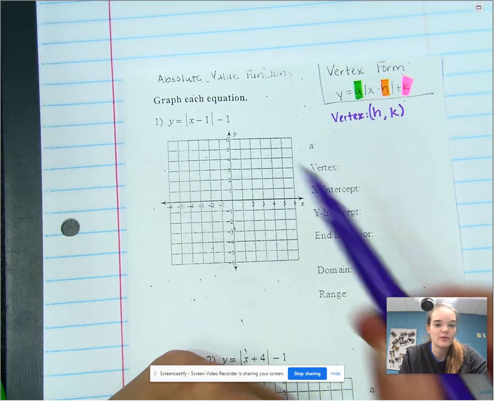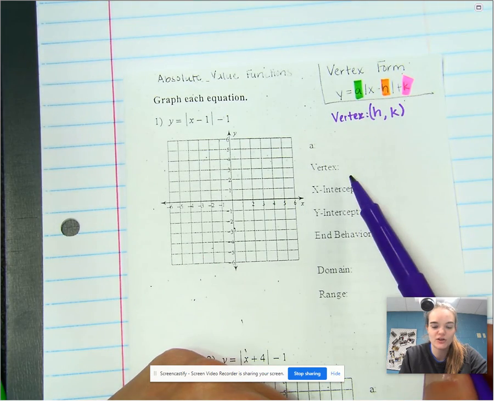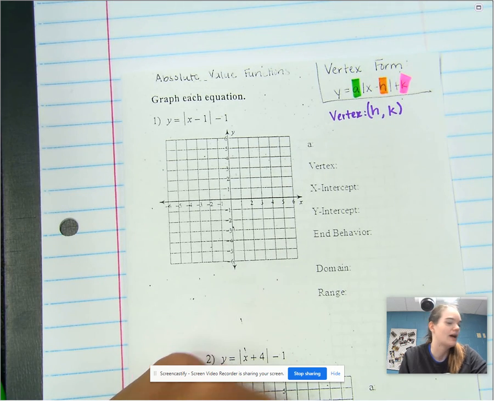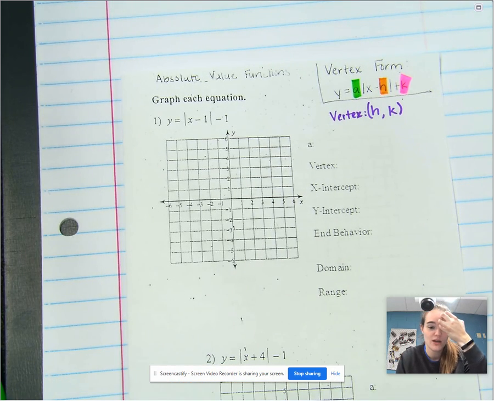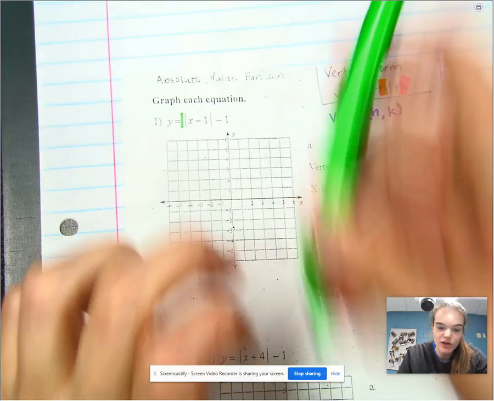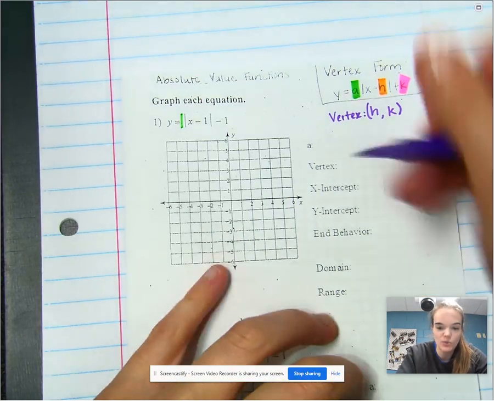All right, so the first thing we're going to do for all of these is identify A and the vertex, then we're going to graph it, and then find all of these pieces. So A is the number in front here. There is not a number in front, so A is 1.